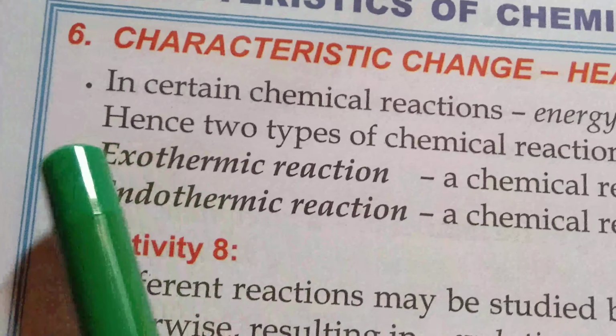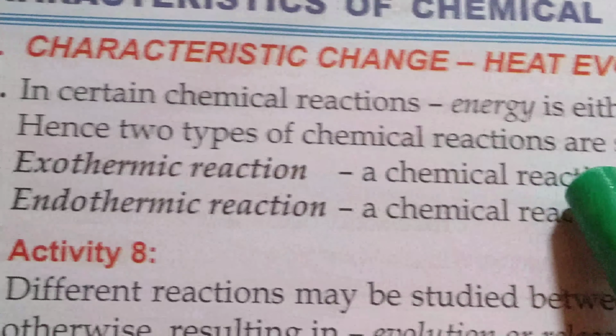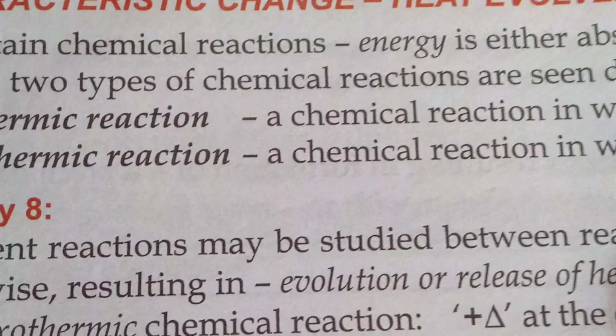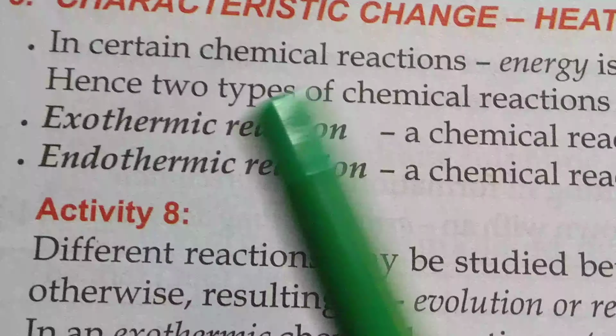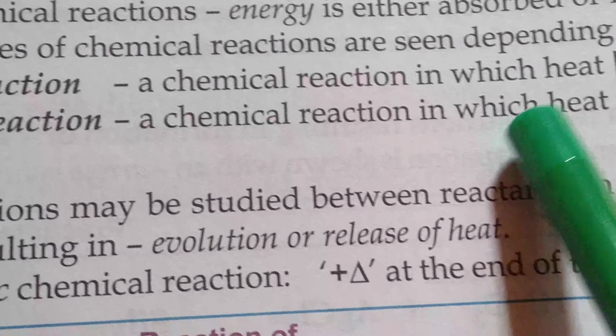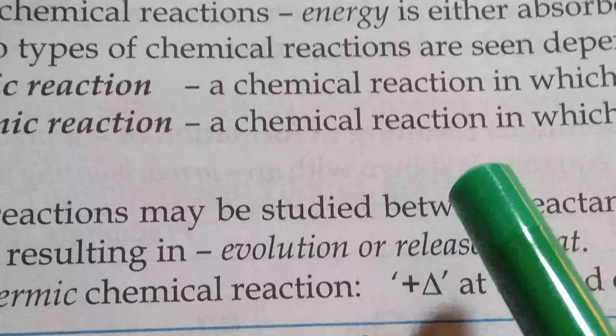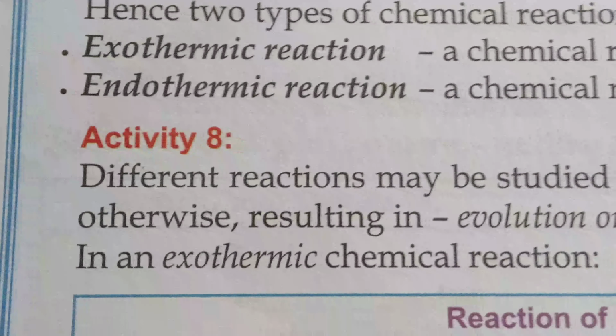So just remember: exo means out, endo means intake. Where energy is released or evolved, that is an exothermic reaction, and where energy is required or absorbed for the chemical reaction, that is known as an endothermic reaction.